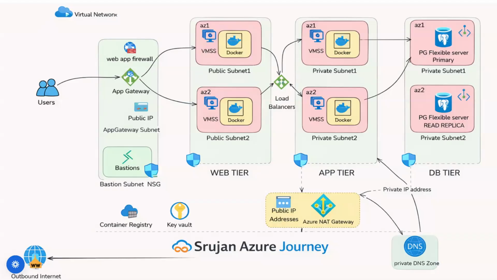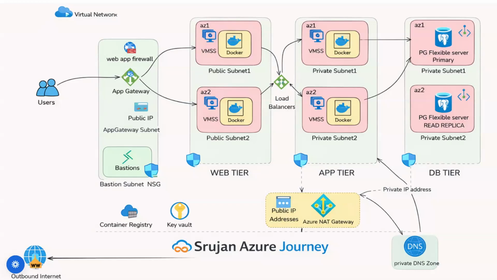Okay, so talking about security aspect of this project, we have deployed Bastion servers to access the VM using SSH port 22, as well as NAT gateway for control outbound internet access. So we need to deploy NAT gateway because on the backend side we need to pull Docker images. For that we require internet.